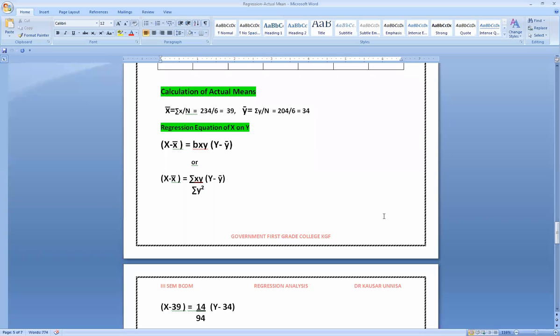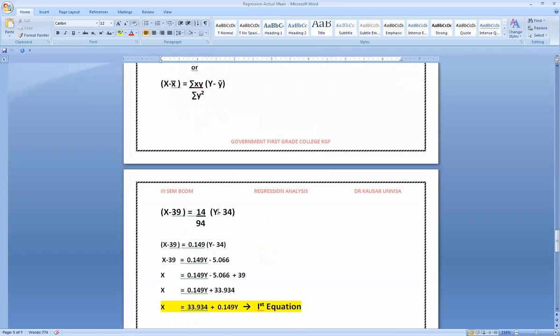Now we'll have to do the two equations. First we are doing the regression equation of x on y. The equation form is x minus x bar equals bxy into y minus y bar, or directly we can write the second form, x minus x bar equals sigma xy divided by summation y square into y minus y bar.